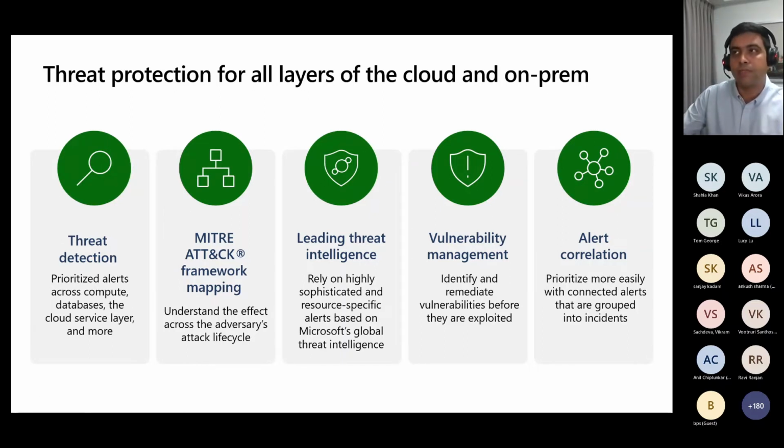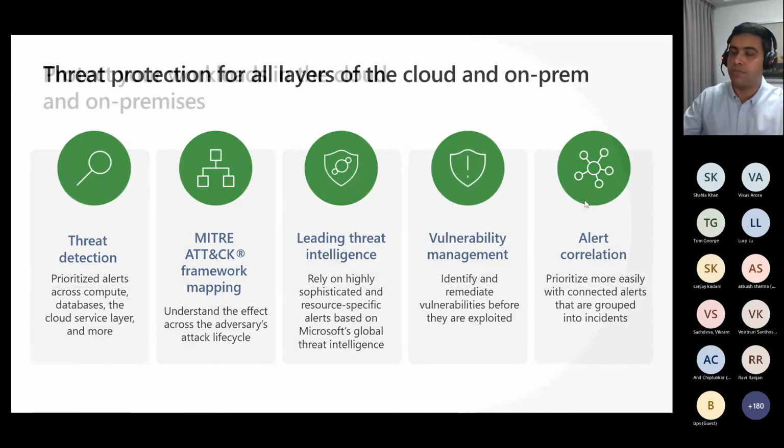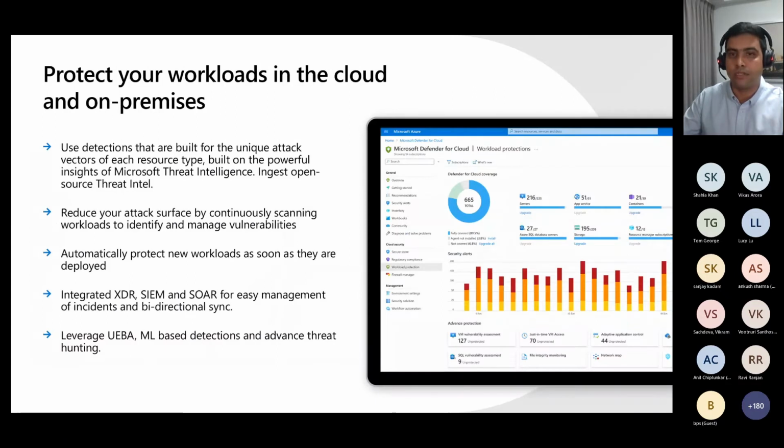So we have made a lot of investments in ingesting data from open source, doing the enrichment of the threat intel that we bring in, and then creating use cases in Sentinel as well. And the Defender for Cloud itself also leverages the first-party threat intel. And the vulnerability management, alert correlation, all of this again is part of the story.